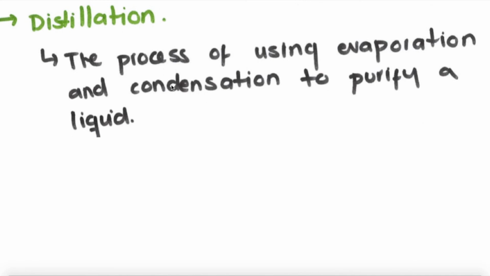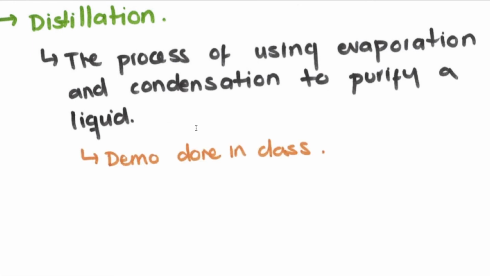If you remember, we used this process in one of the demos we did in class when we had water with an orange liquid and we were able to obtain clear water after using distillation. So the example for this one is the demo that we did in class.